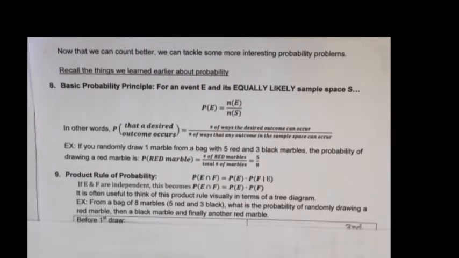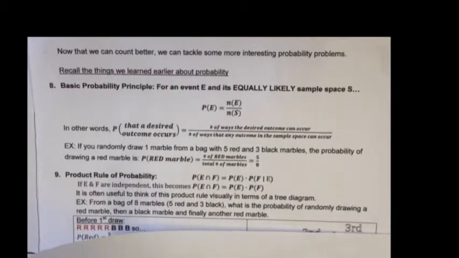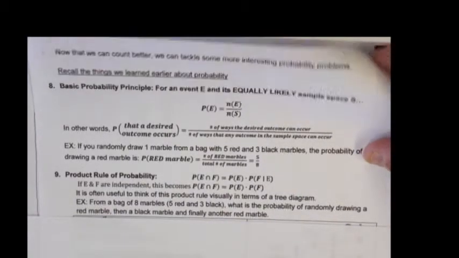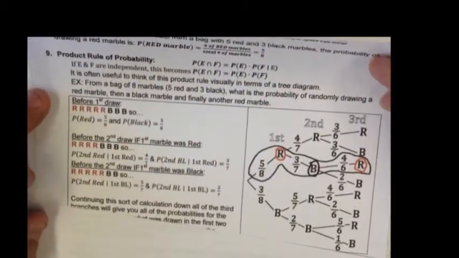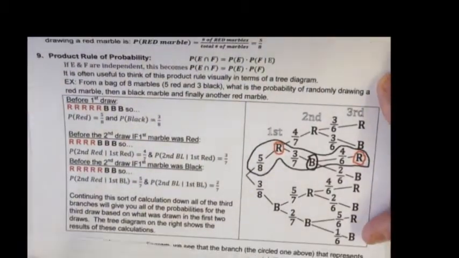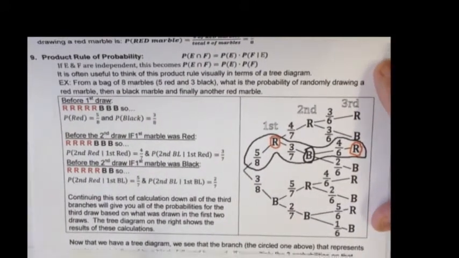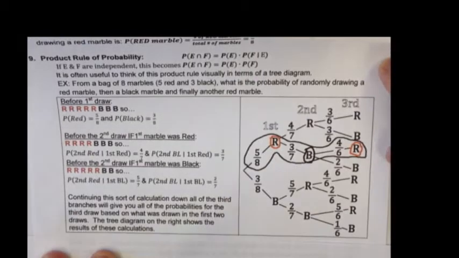I again think the tree diagram is the best way to handle that. So you might actually just draw it out. And if you don't draw it out, you still might think about it as a tree diagram.